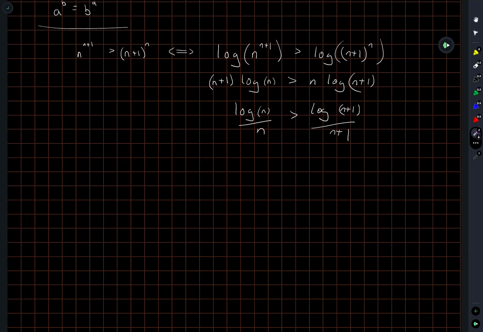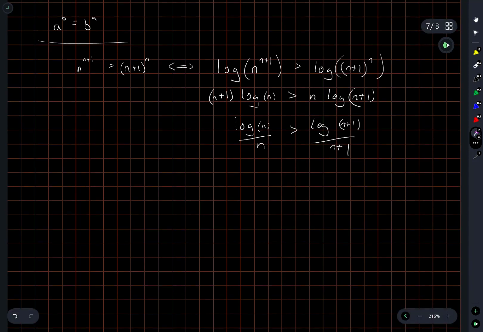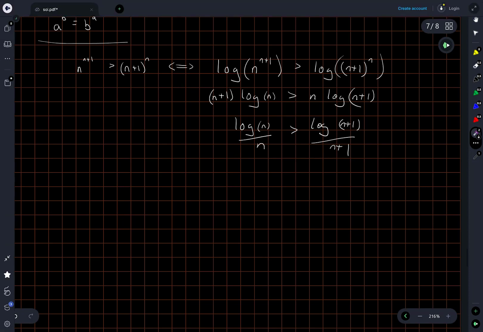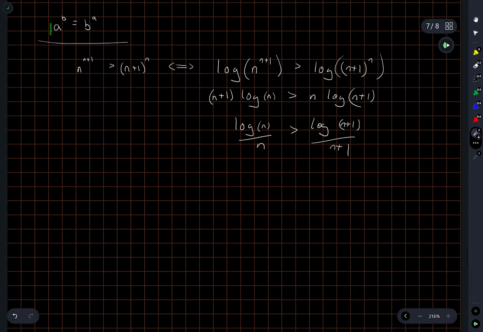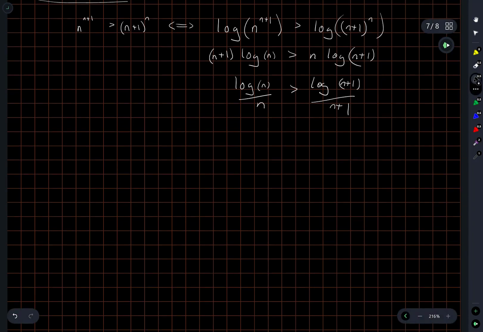Okay, and now you can see the similarity between what I'm going to do here and the approach that I took in this previous question about a to the b equal b to the a. So what I'm going to do is define the function f of x to be equal to log x divided by x.